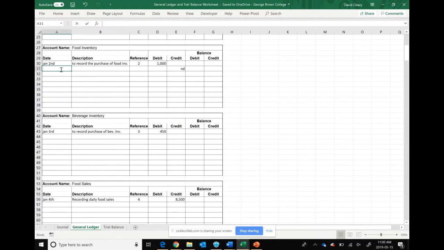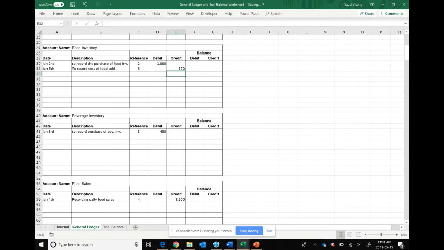We put in January 5, 5th, and then the description here is to record cost of food sold. This was transaction reference number 5. And we are crediting it by $570. Done.